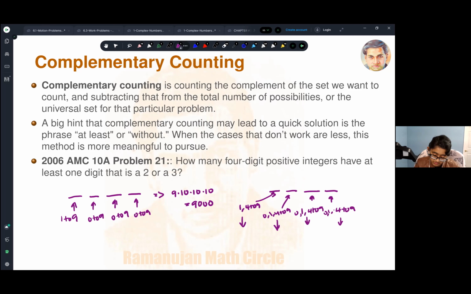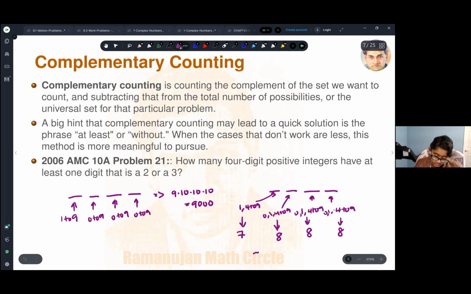That would be 8 ways of happening. For the tens digit to be either 0, 1, or 4 through 9, that is 8 ways of happening. And the same with the hundreds digit, so that's 8 ways of happening. For the thousands digit, we have 7 ways of happening.